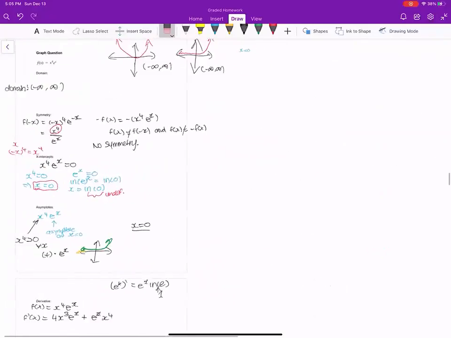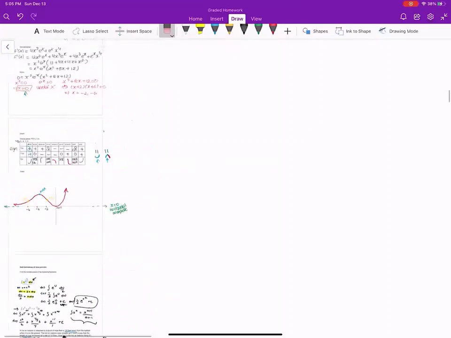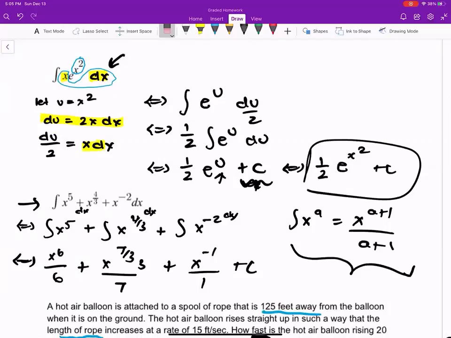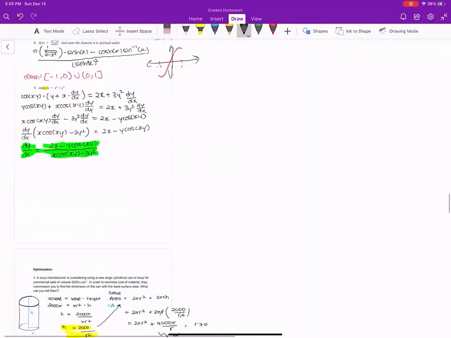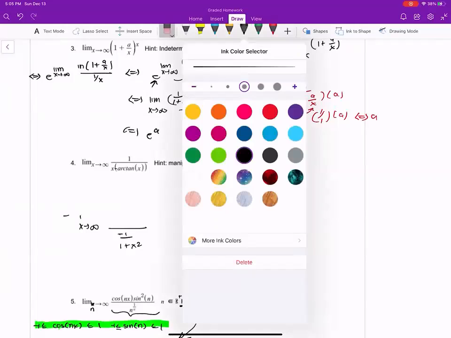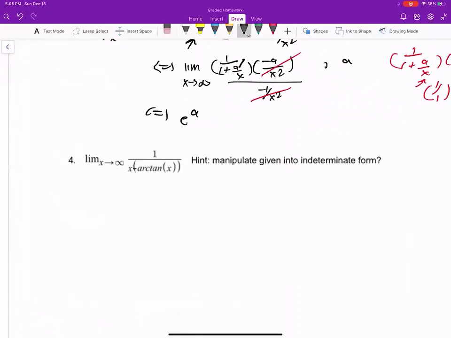Oh, where is it? Did I mess up? Oh yeah, negative 1. Yeah, forgot that. Whoops. Okay, going back to this question. Eraser. Okay, so the question itself is wrong.